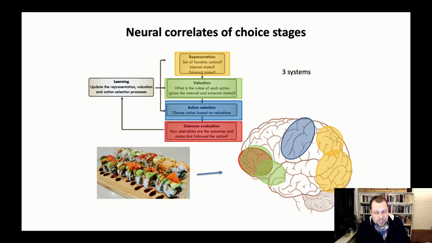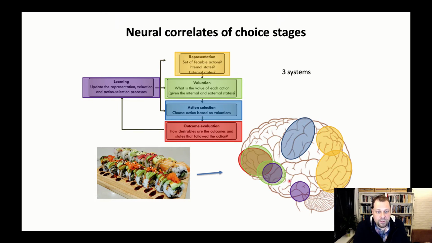Finally, we consume the item, and this is again within this region, the vmPFC and ventral striatum, where we see correlates of outcome evaluation, and this is then updated in learning in the ventral striatum and possibly in the brainstem as well, the ventral tegmental area, where the reward prediction error is processed, but also in the ventral striatum.